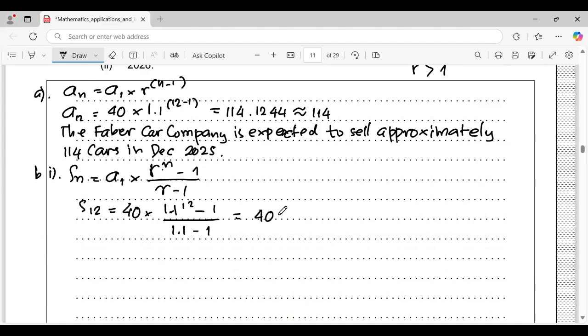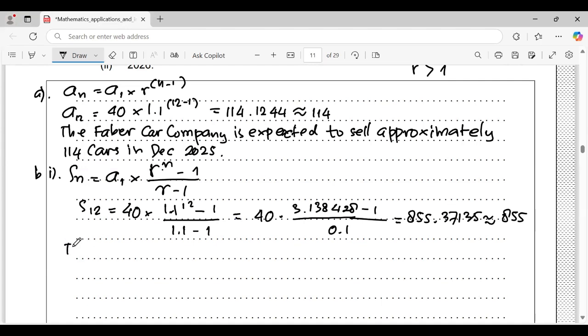It is 40 times, 1.1 to the power 12 is 3.138428, minus 1, over 0.1. And if you calculate, the result is 855.37135, round off becomes 855.